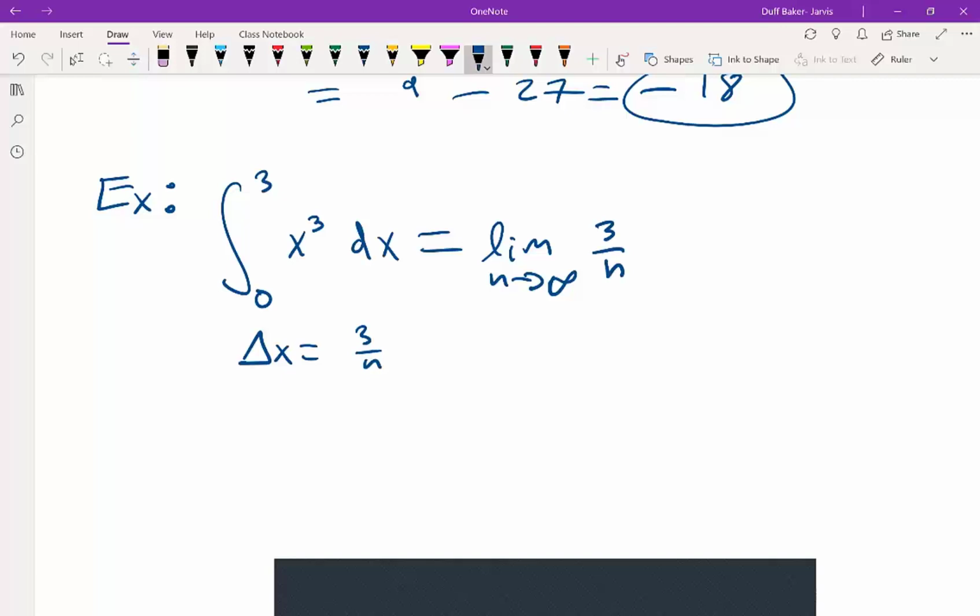So that would go in front. And then we're going to take f at right endpoints, which will be 0 plus 3i over n. But f here is really just x cubed, so it's really just 3i over n cubed. So that would be the definition here.